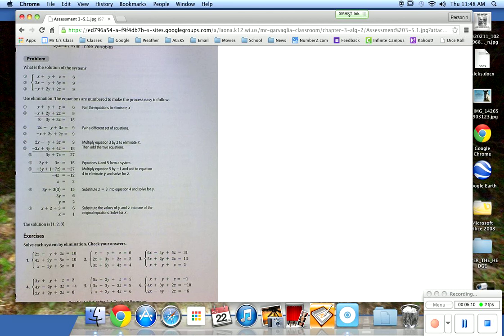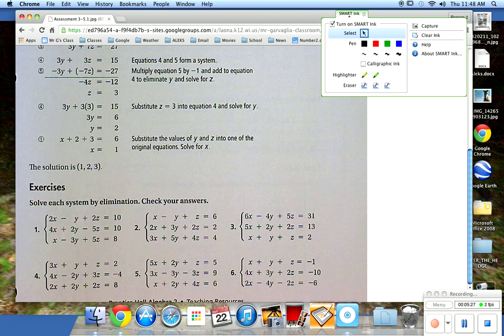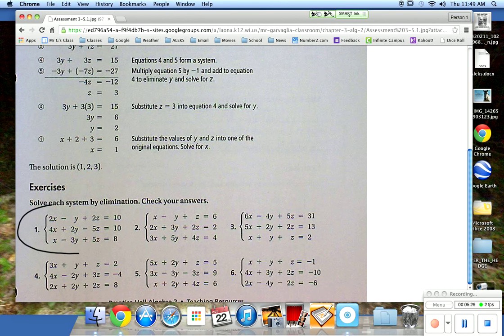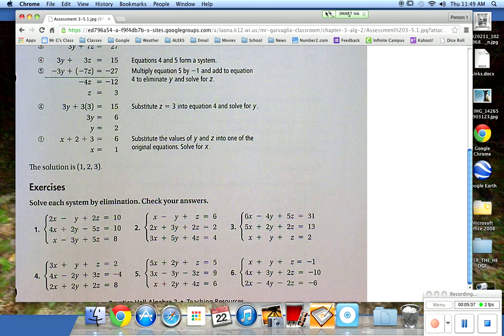Take a look at the assessment. Oh, we got 6 of them here. I want you to do 1, 2, and 3 on the first page.